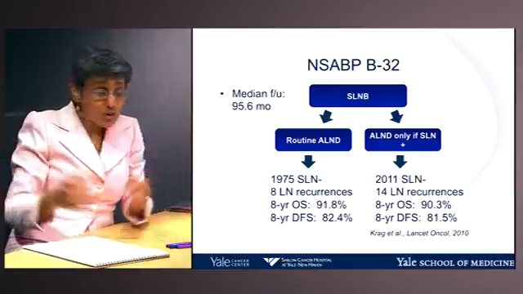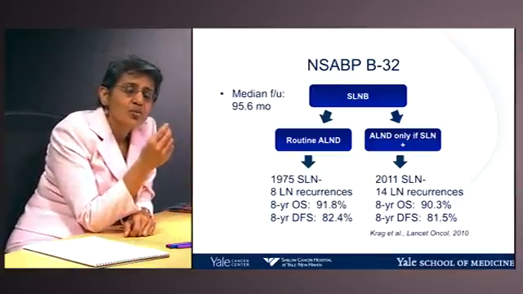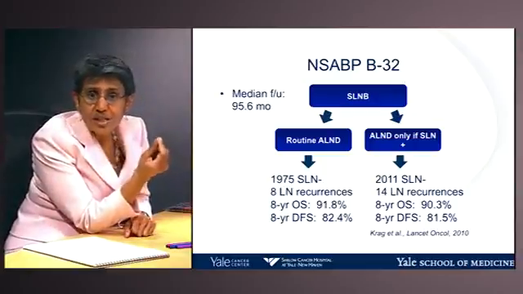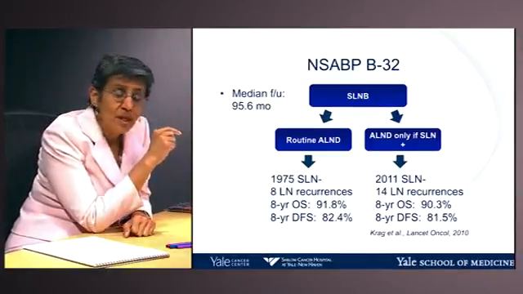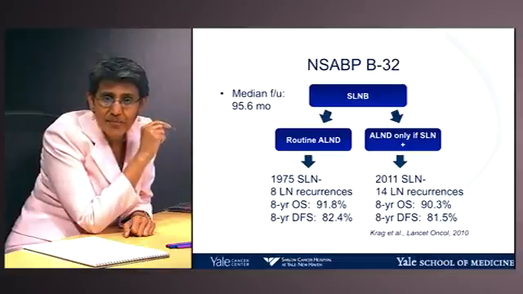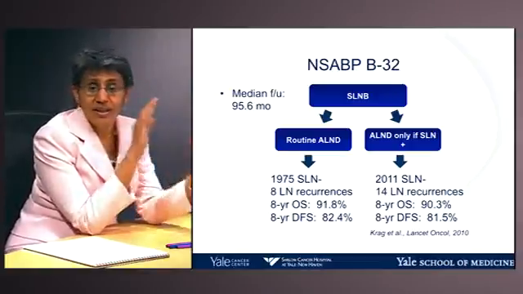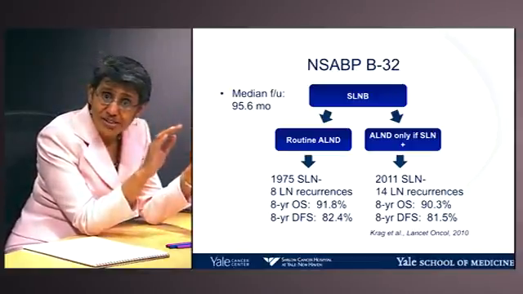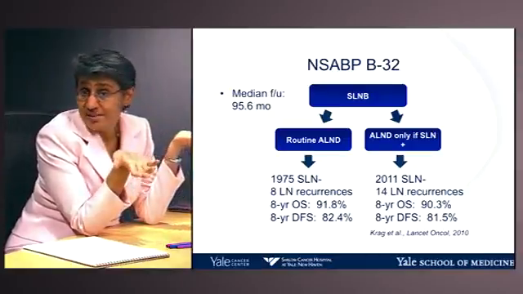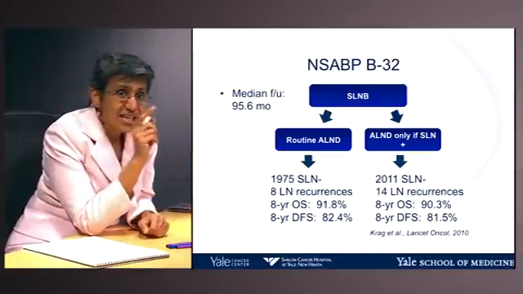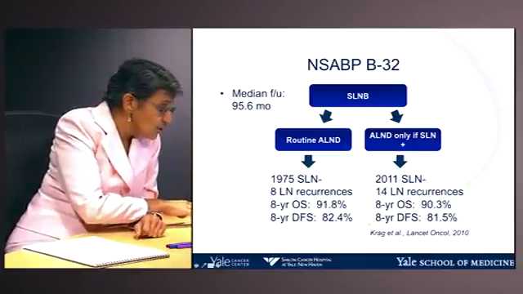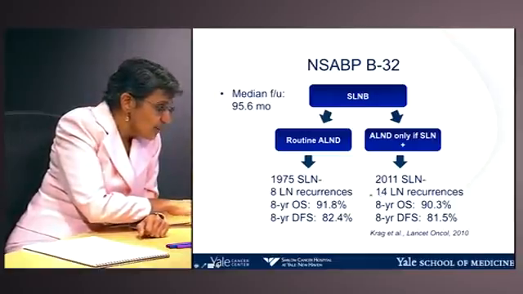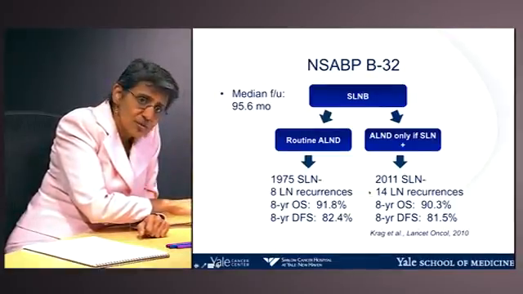And, as you might guess, the survival rates were equal. Well, that should come as no surprise to you. Remember back to the NSABP B04? We knew that there wasn't going to be a survival difference because removing lymph nodes doesn't improve survival. But here's the interesting part. Look at the lymph node recurrences. They were roughly the same in the two groups.